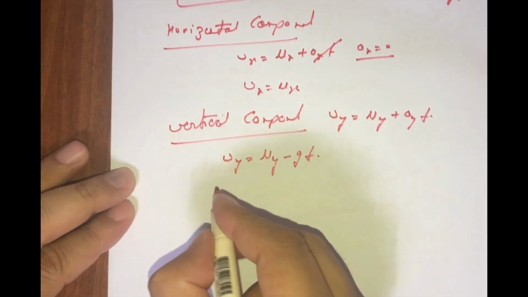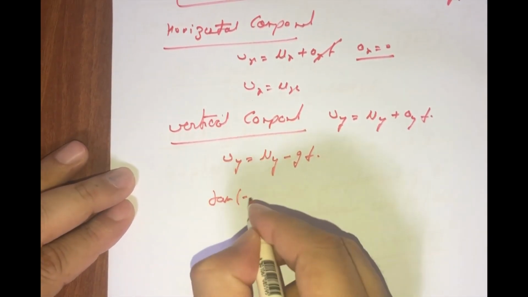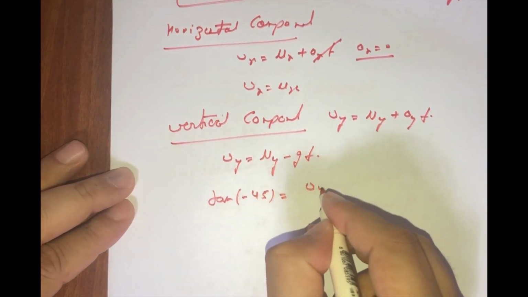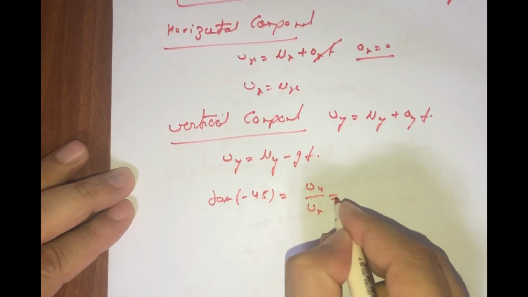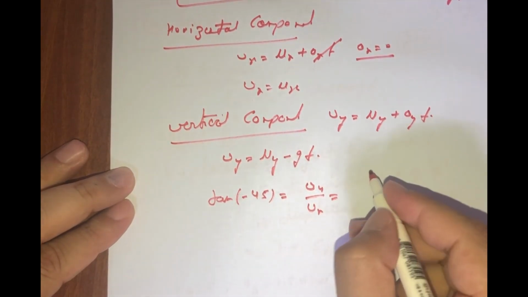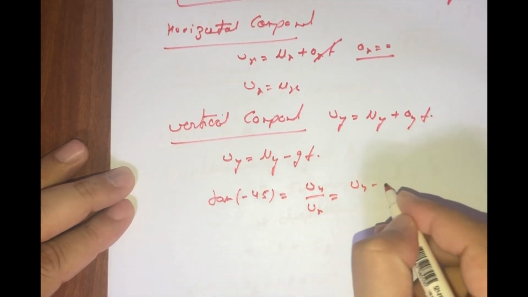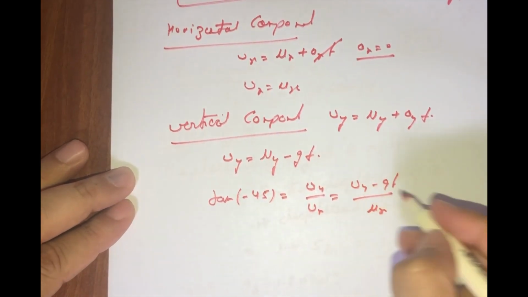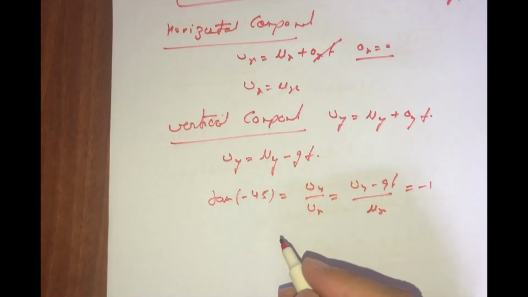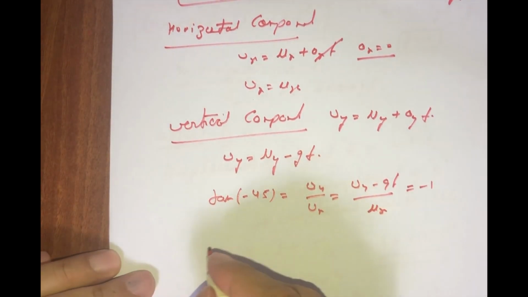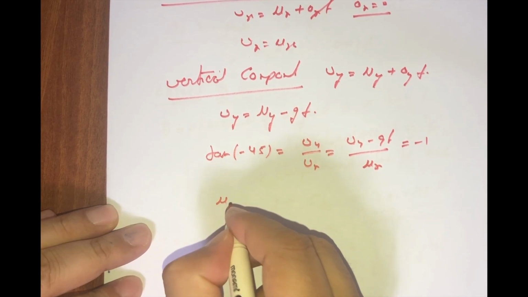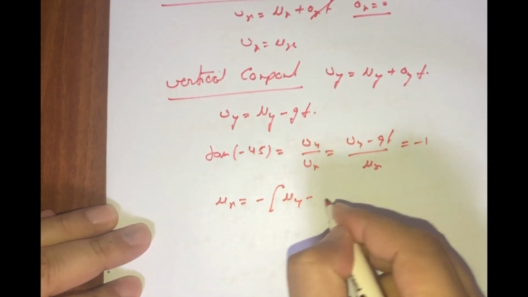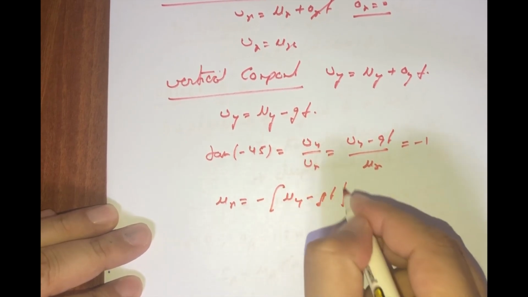Next, the tangent of minus 45 will be equal to Vy by Vx. We put the values, we get Uy minus gt divided by Ux is equal to minus 1. And we can say that Ux is equal to minus Uy plus gt.